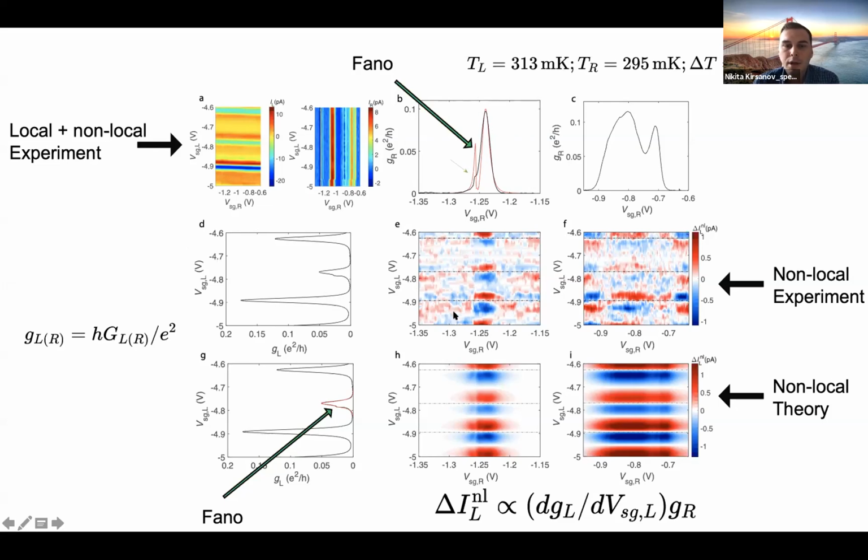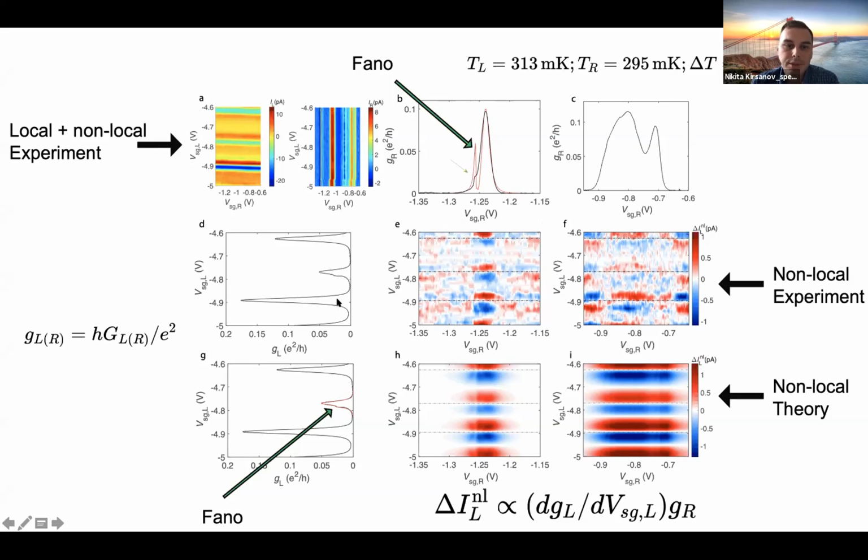Now if we want to model the behavior of the non-local current, we would first fit the conductance peaks using our resonance tunneling model, and then we would put these fitting parameters into the formulas for the non-local currents, and we would obtain these pictures, which look pretty alike to the experimental ones.